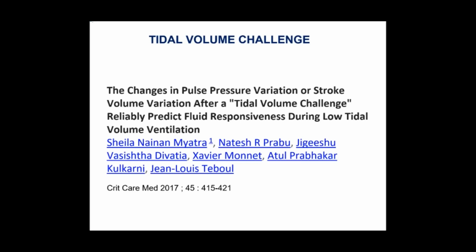In those patients only, the data will let us predict fluid responsiveness.